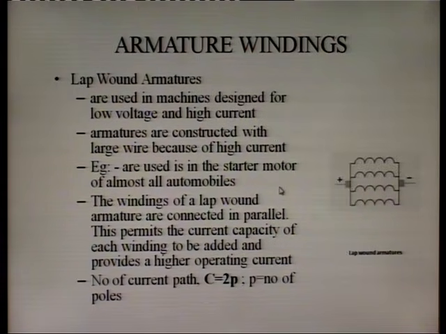The windings of a lap wound armature are connected in parallel. This permits the current capacity of each winding to be added and provides a higher operating current. The number of current paths is equal to 2 times the number of poles, C equals 2P, where C is the number of current paths and P is the number of poles.